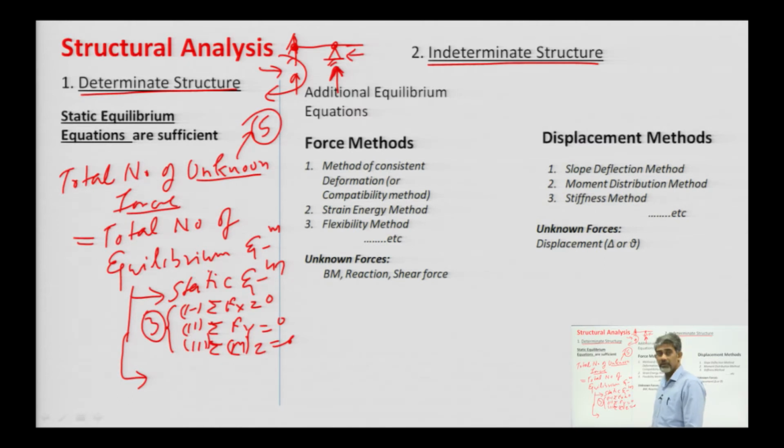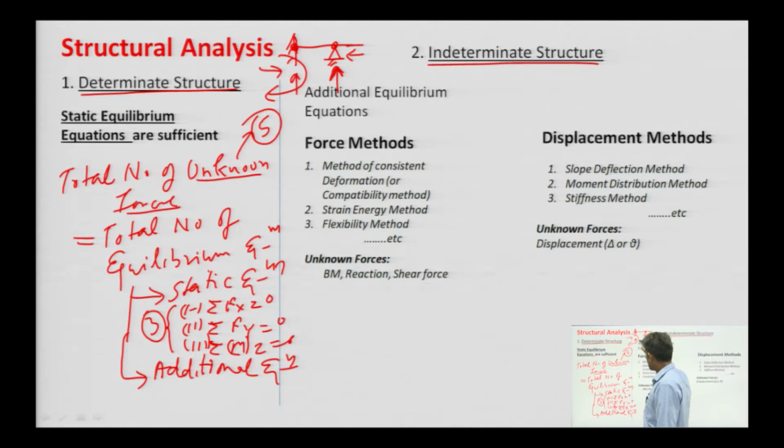And apart from that, we have certain additional equations in the structure due to the presence of internal hinges. Say if this is the structure, then the number of allowable equilibrium equations is only 3.